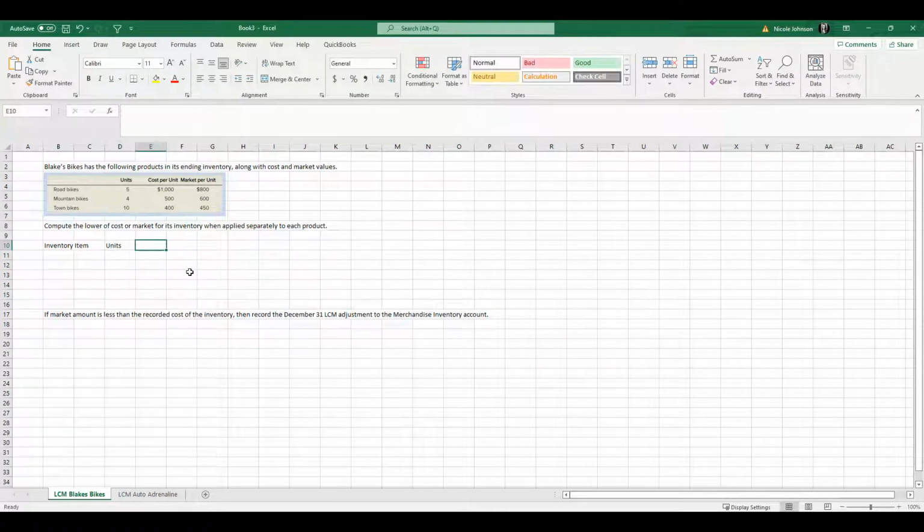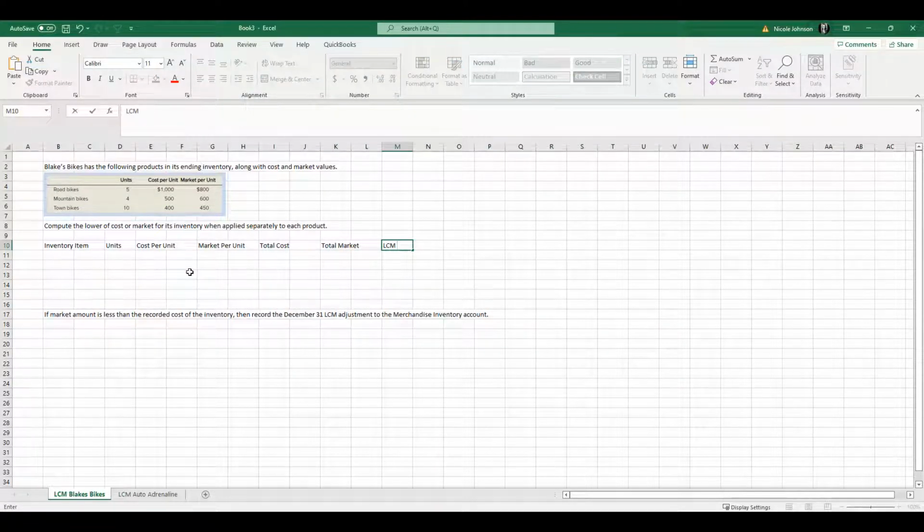We're going to put the number of units, cost per unit, market per unit, total cost, total market, and lower of cost or market total.